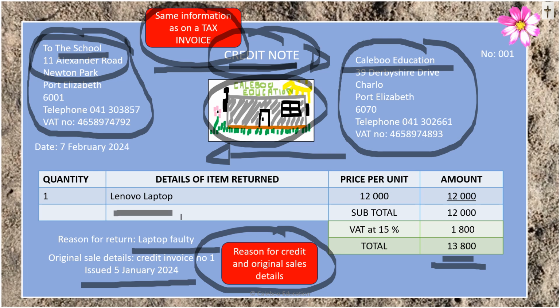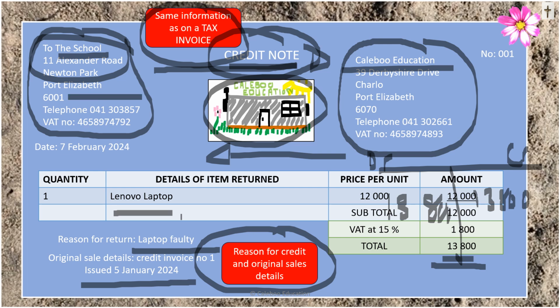So the school's account, let's say, which was sitting like this, 13,800 on the debit side, is now going to be credited with 13,800. So the school is going to get a credit from Calibre Education because the laptop sold to them was faulty.